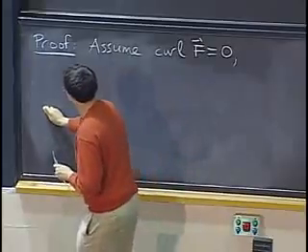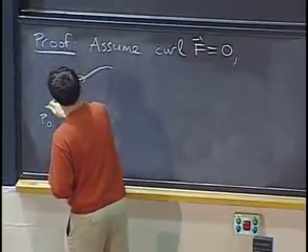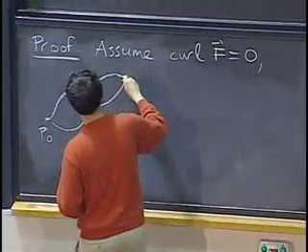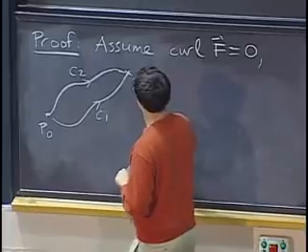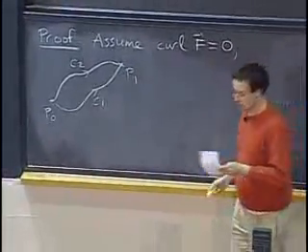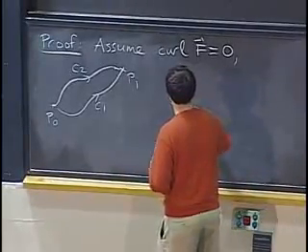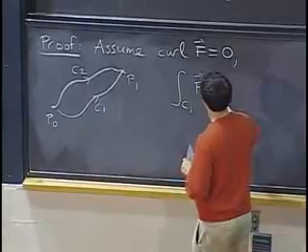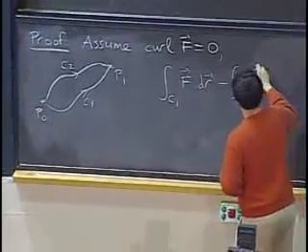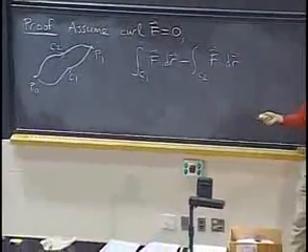And let's say that we have two curves, C1 and C2, that go from some point P0 to some point P1, the same point to the same point. Well, we'd like to understand the line integral along C1, say, minus the line integral along C2 to show that this is 0. Okay, that's what we are trying to prove.